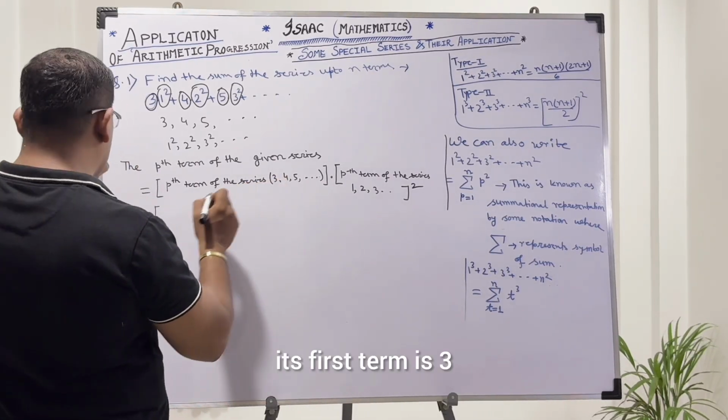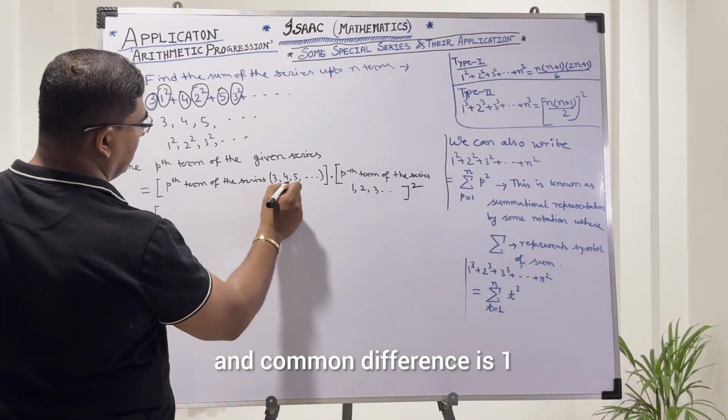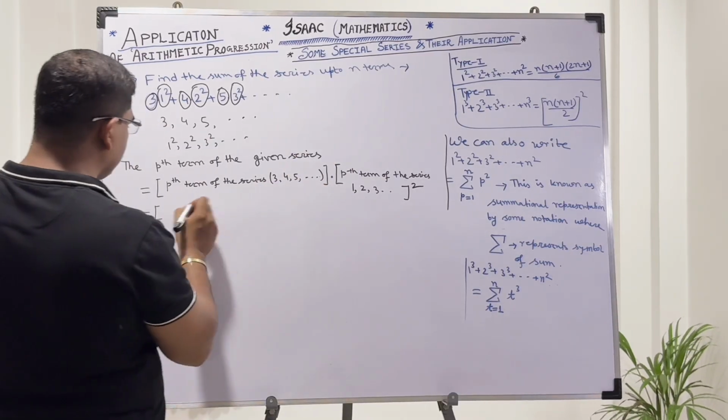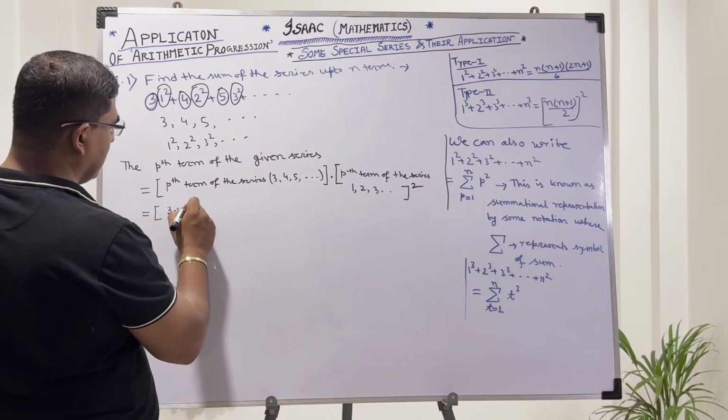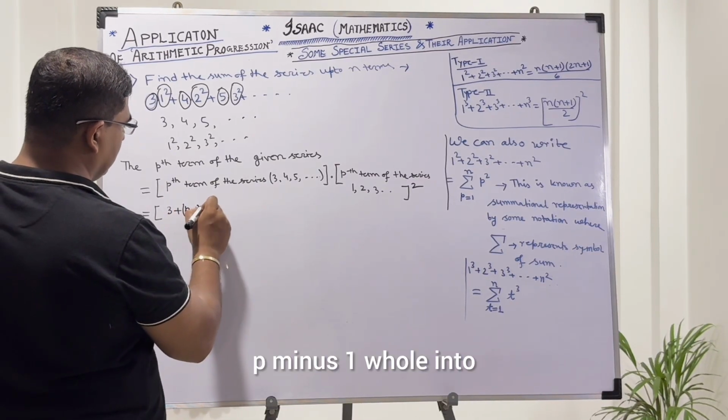This is an AP. Its first term is 3 and common difference is 1. The pth term is a plus p minus 1 whole into d.